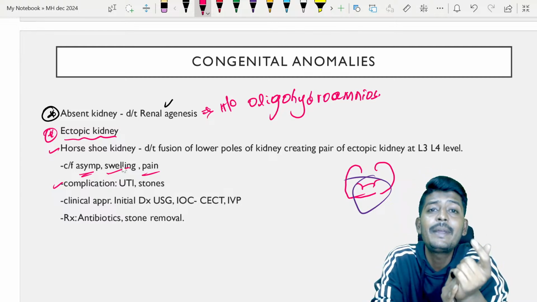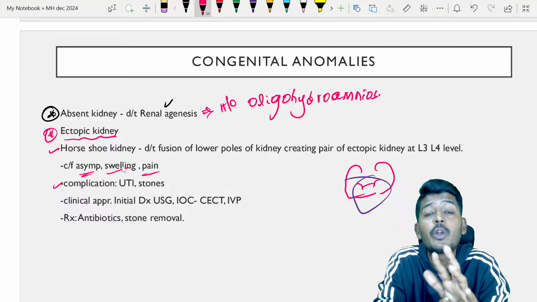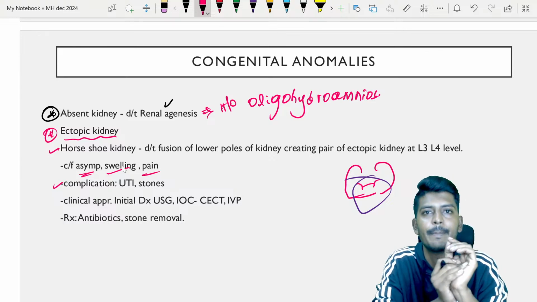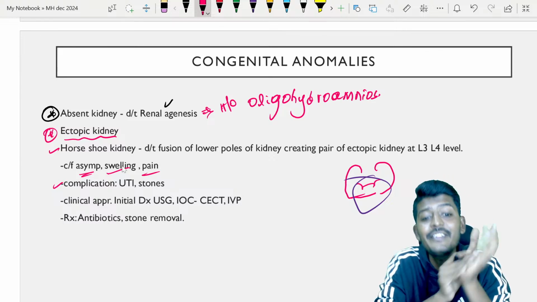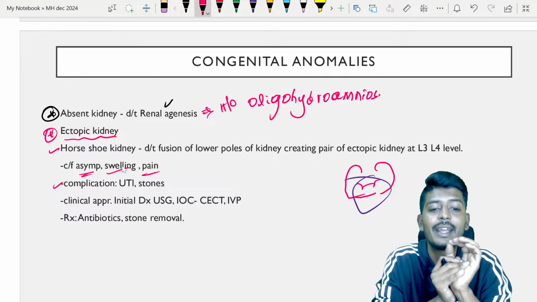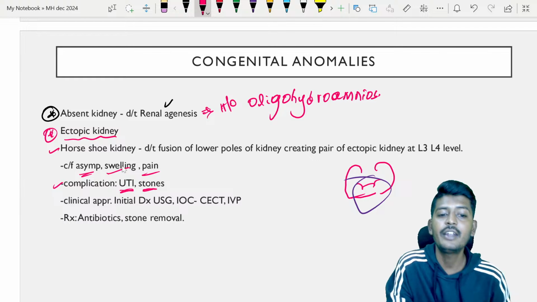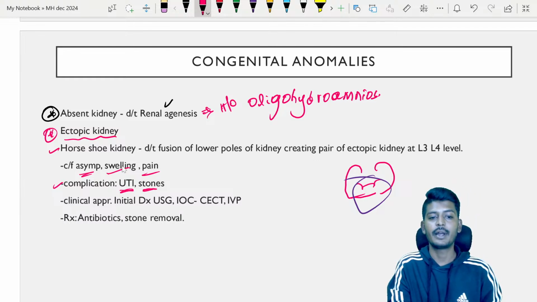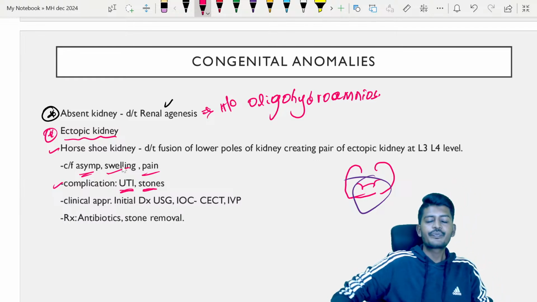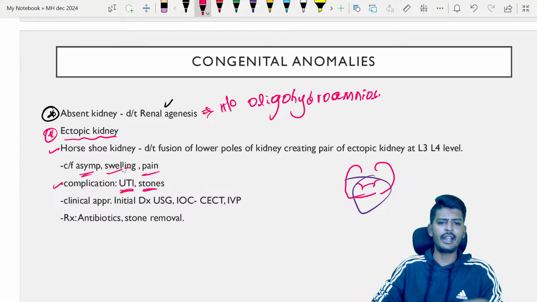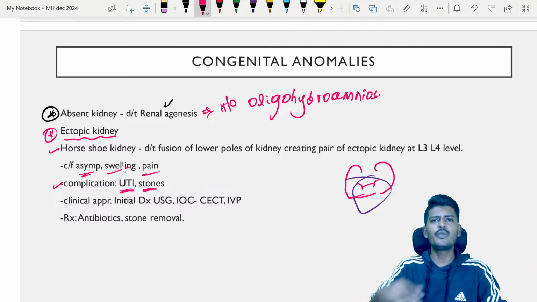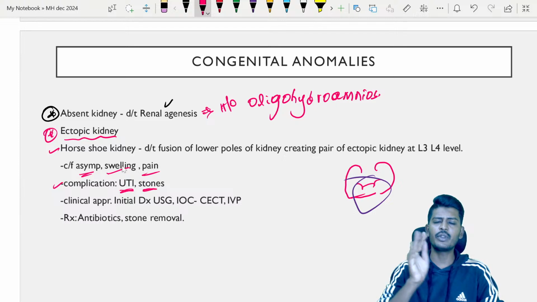If normal anatomy is impaired, urinary drainage will be impaired, and the child will have recurrent urinary tract infection and stones. As soon as the child comes with recurrent urinary tract infection, we analyze it and give symptomatic treatment.